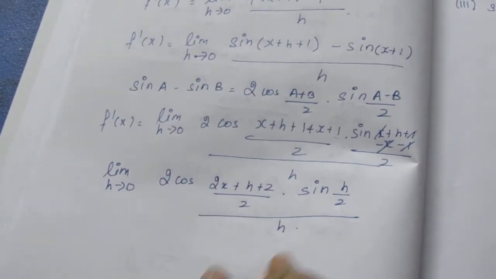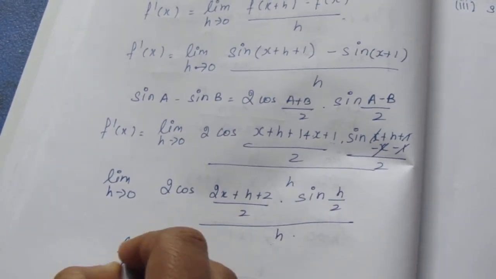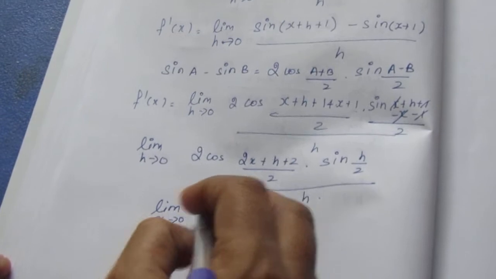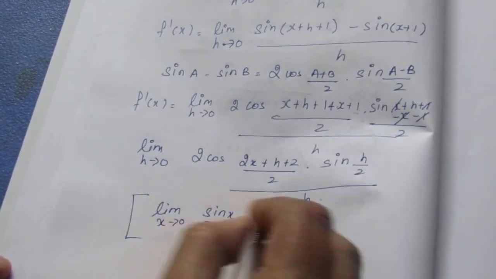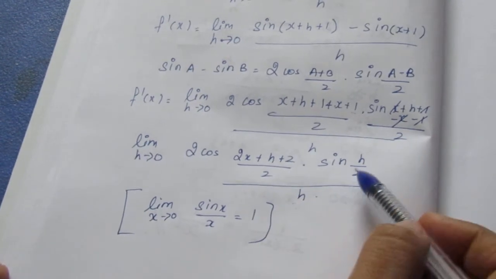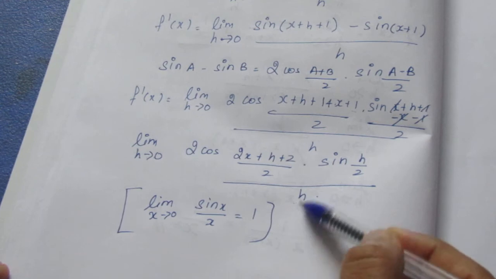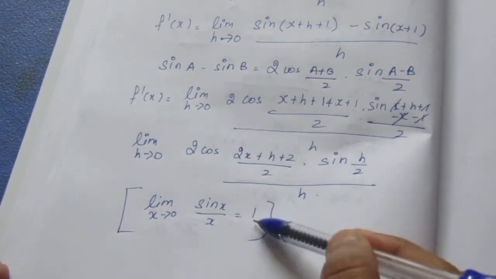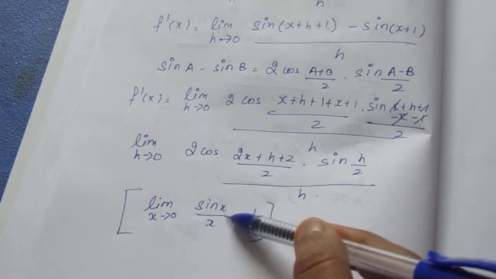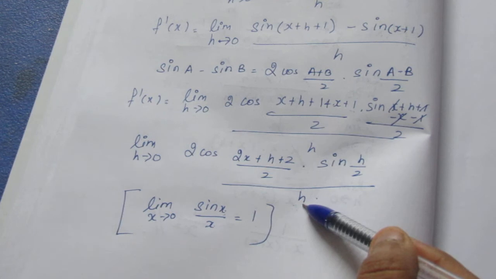Now to solve this, we have a standard formula: limit h tends to 0 of sin x by x is equal to 1, which we have learnt in limits. I am going to apply this formula without changing the question. Here you see sin h by 2. If there is h by 2 in the denominator, then when I substitute the limit the whole thing becomes 1, because the angle and the denominator should be equal. But here we don't have a 2 in the denominator.